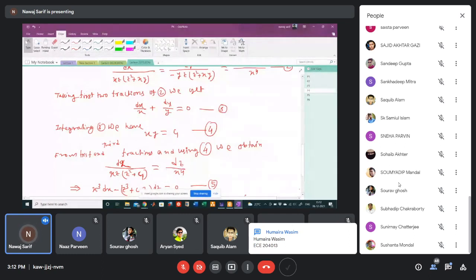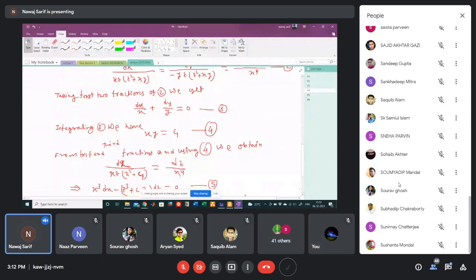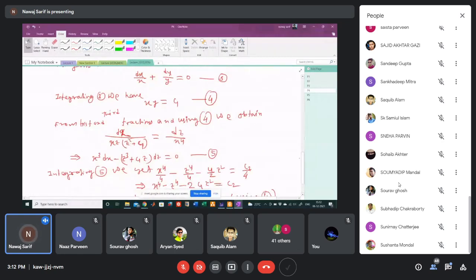So you can cancel x from both sides. Now your remaining terms are dx by z into z square plus c1 and dz by x cube. When you cancel x, this is x cube. So take the terms to the left side: multiply x cube dx, and z is multiplied inside the bracket, so this is your z cube plus c1 into dz.